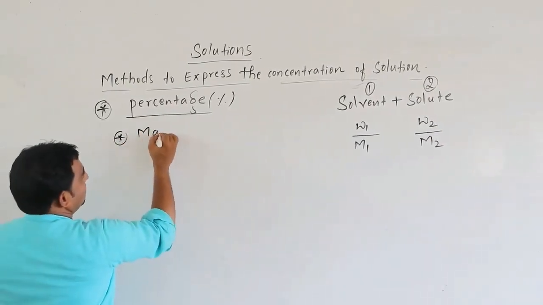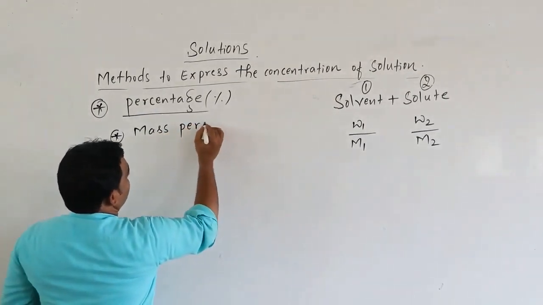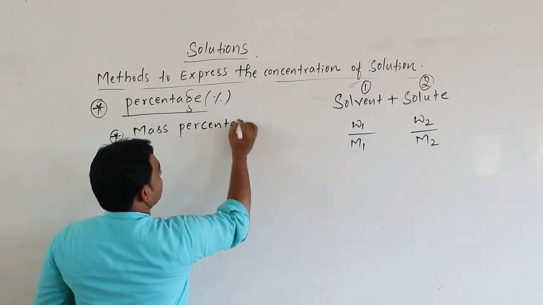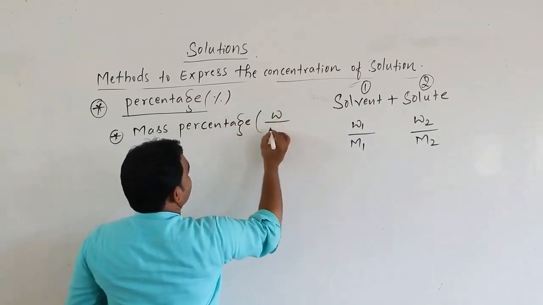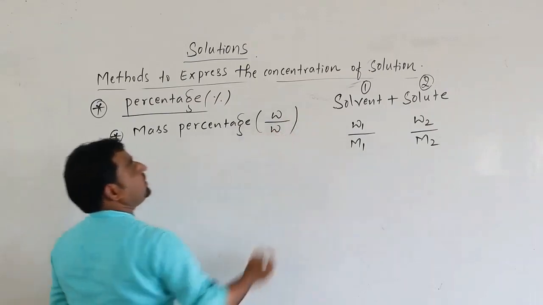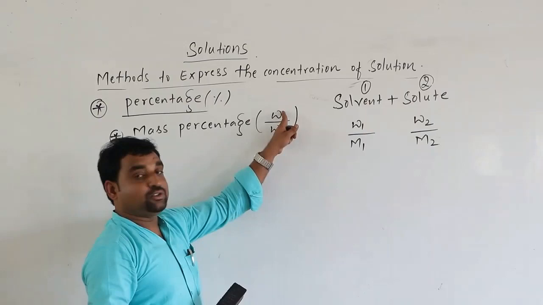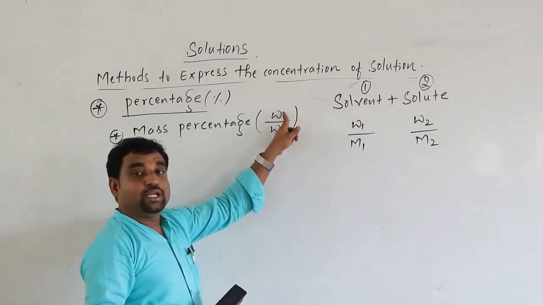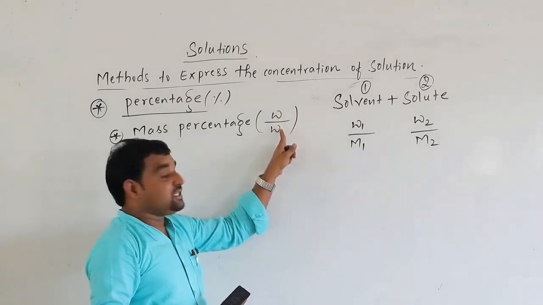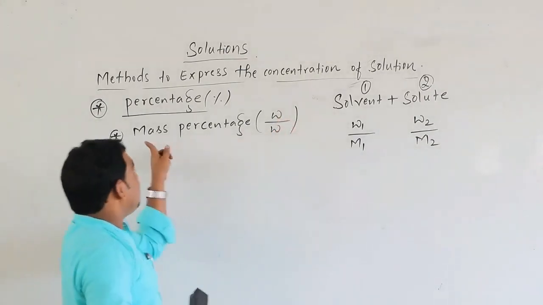One is mass percentage, that is denoted by W by W. Here this refers to the solute, this refers to the solution. The solute is taken in weight and the solvent is also taken in weight. Both are taken in weight, that is a mass percentage.